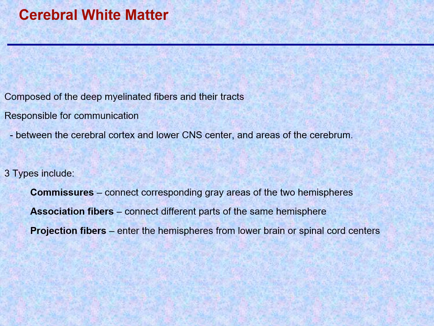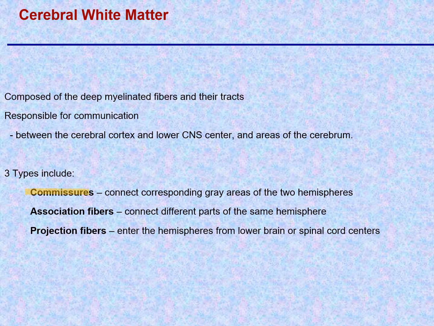The white matter, which is deeper in from the cortex that's at the surface in the cerebrum, the cerebral white matter has many nerve tracts and fibers made up of axons, and is responsible for communicating between the different parts of the brain and the lower parts of the central nervous system. There are three types of cerebral white matter that communicate in different directions.